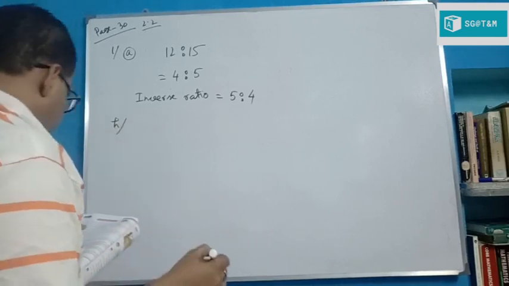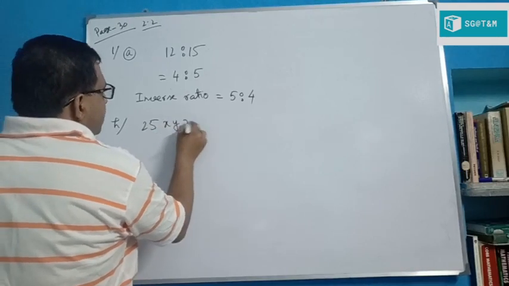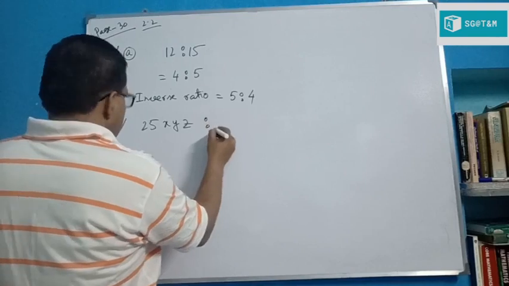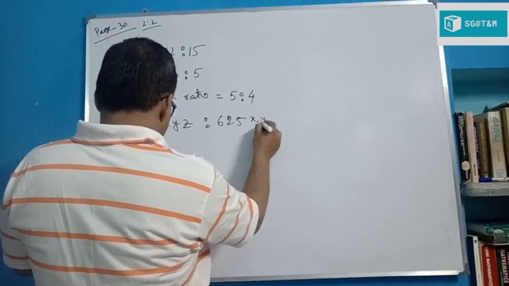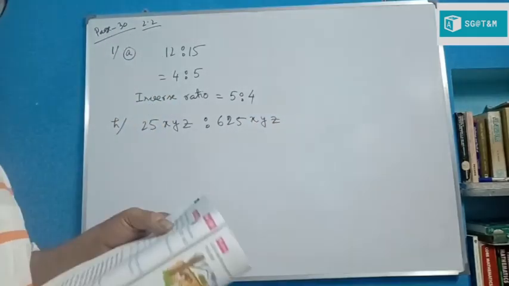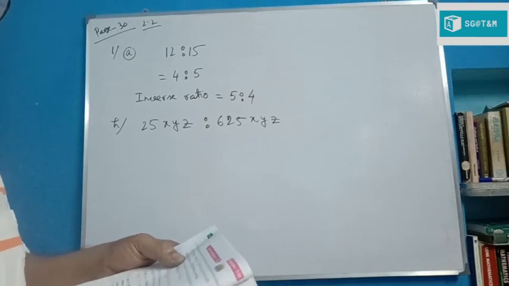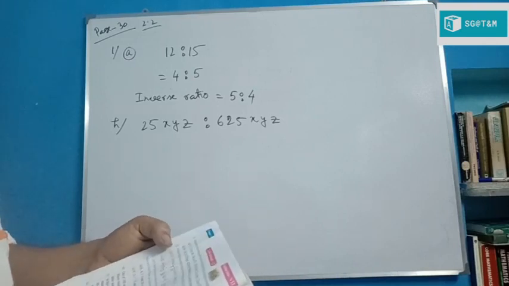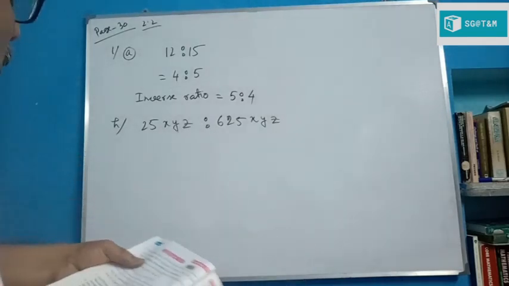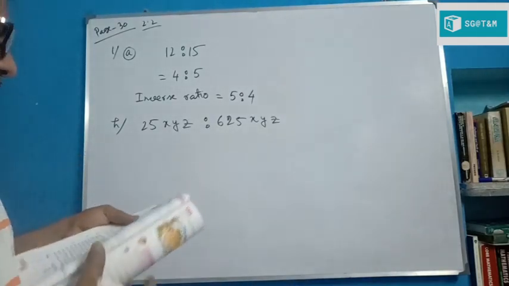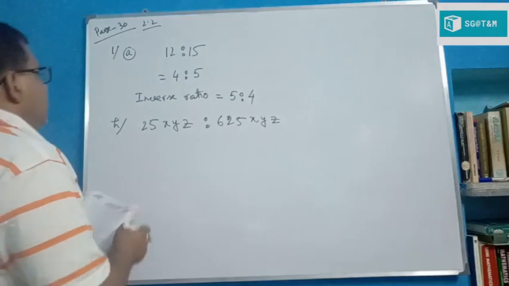Next, 25xyz is to 625xyz, where it is given that x, y, z are non-zero constants. So if we reduce it to simplified form, in both terms x into y into z are non-zero constants, so xyz cancels out.